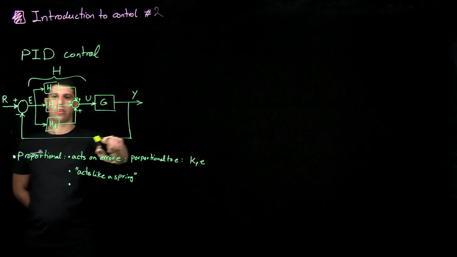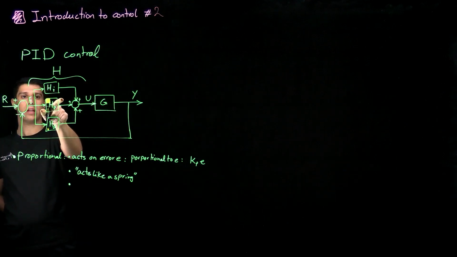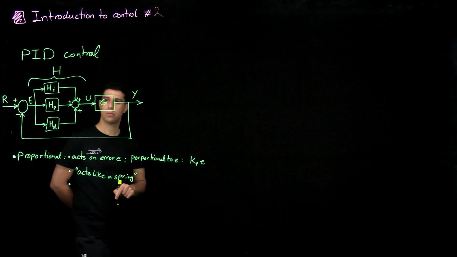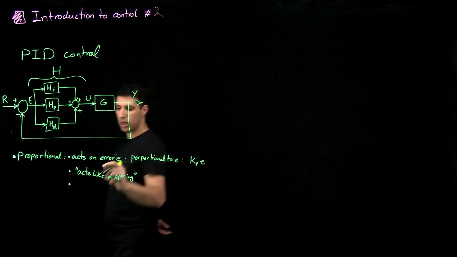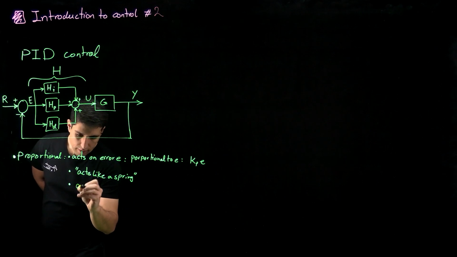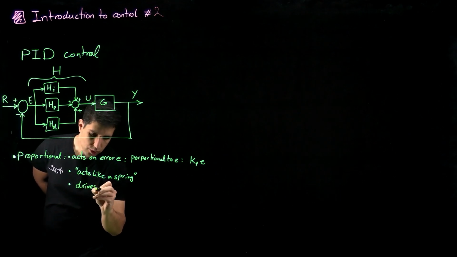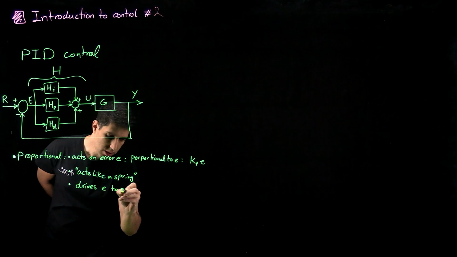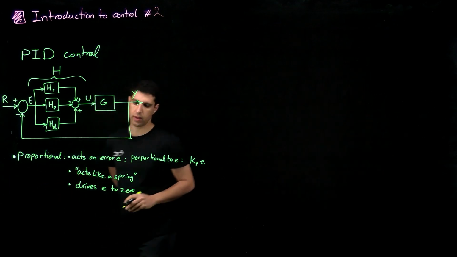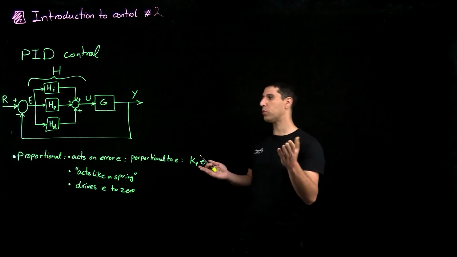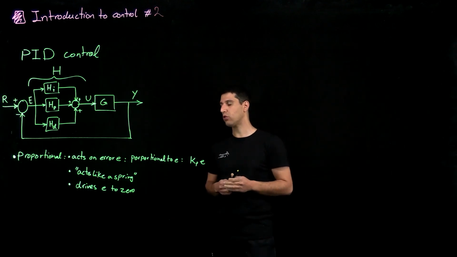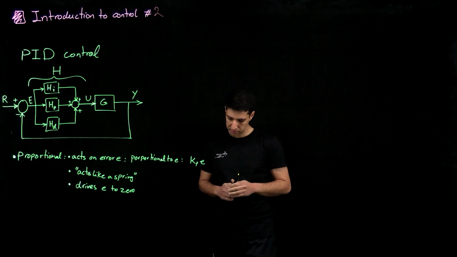Just through a feedback that only involves this proportional aspect, it tries to drive E to 0. So it tries to suppress the difference between the actual output and the reference values.